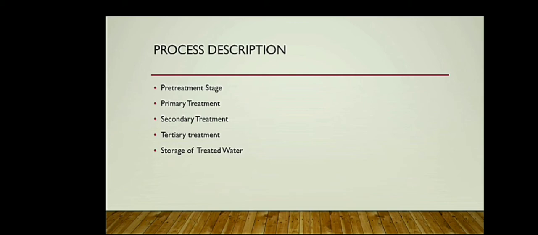The UV light breaks the nucleic acid part of microorganisms, thereby providing about 99.9% disinfection. This AOP is helpful in further reduction of overall chemical oxygen demand as well as color and odor removal. This completes the tertiary treatment process.